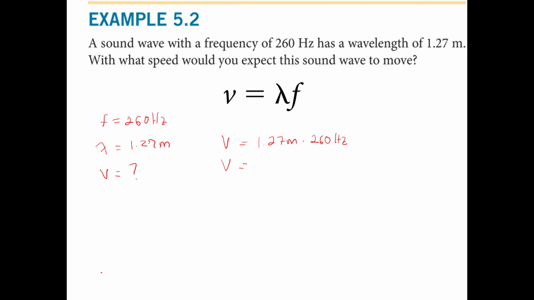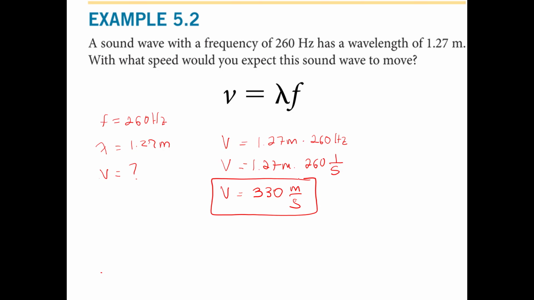But remember, 1.27 meters times, and I want to write this 1 over second. And because it's a speed, the units we expected is meter per second. Yes, and we see meters times 1 is meter over second, which are the units for speed. And if we multiply these two numbers together, we will get 330 meters per second.